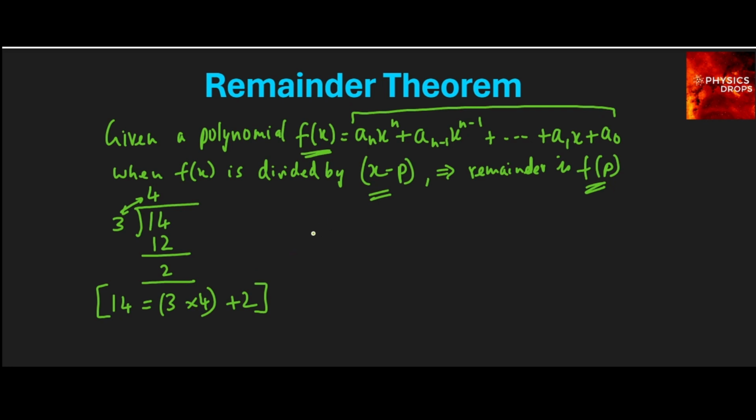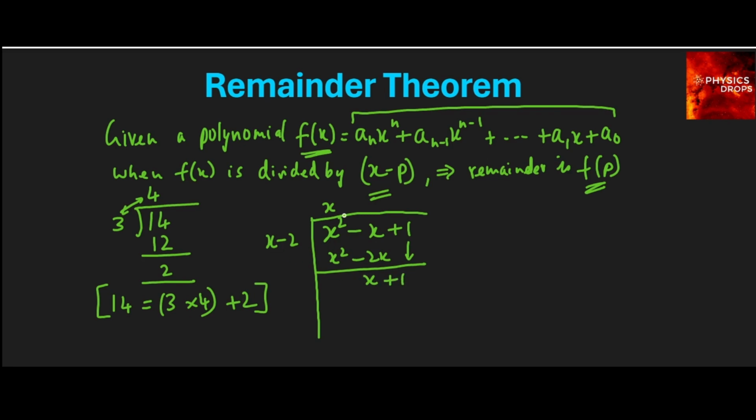Now let's try and apply the same thing to a polynomial. Let's take the polynomial x square minus x plus 1 and divide it by x minus p form, let's say x minus 2. So when we do this, x times x is x square, minus 2 times x is minus 2x, and now we subtract. x square goes off, minus x plus 2x is x, and we bring the plus 1 down here.